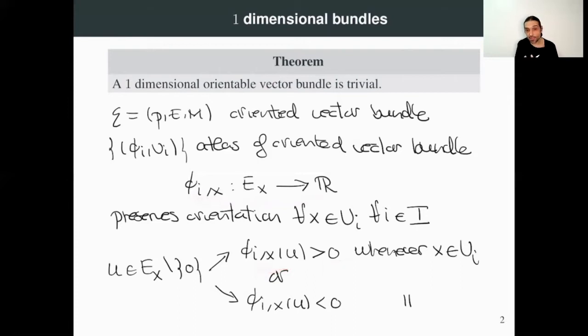And if the base whose unique element is u is negative for the orientation of our vector bundle, then it has to be sent to a base of R that is negative, so a negative number. So we get this property for every x that belongs to some ui. This is going to be very important in order to build this trivialization psi.